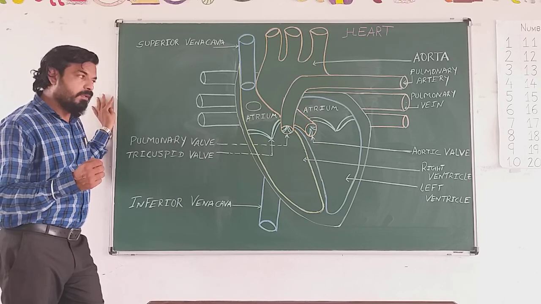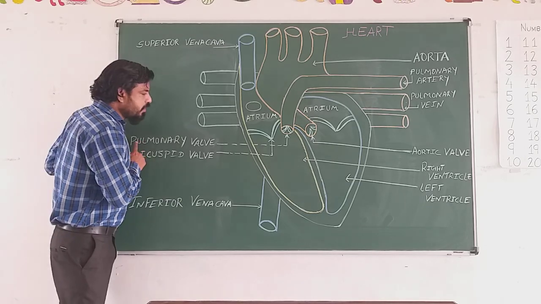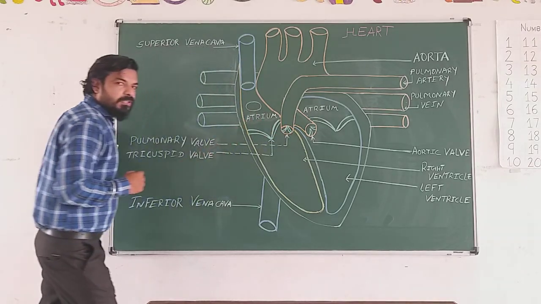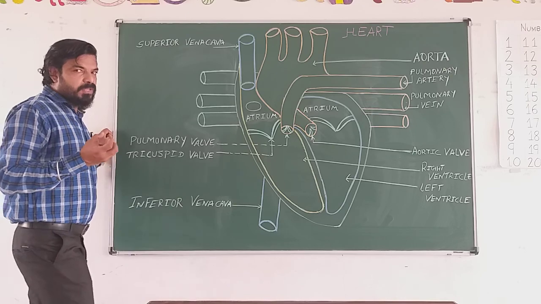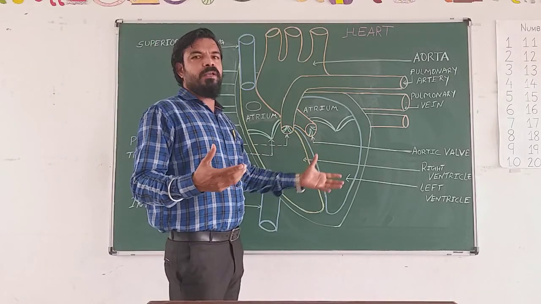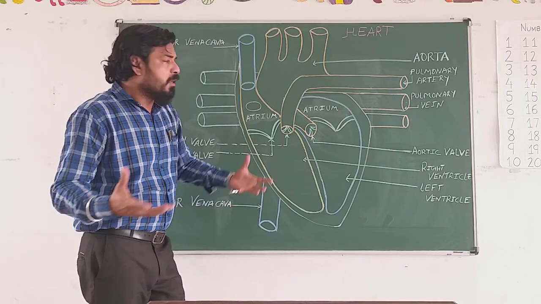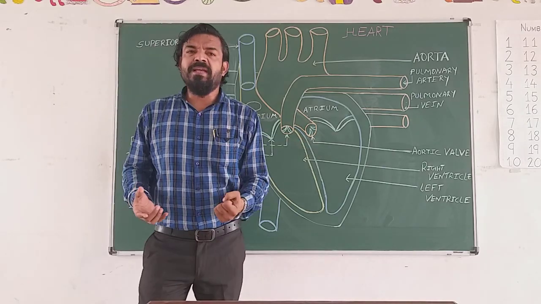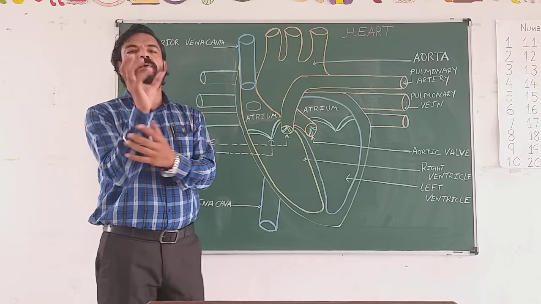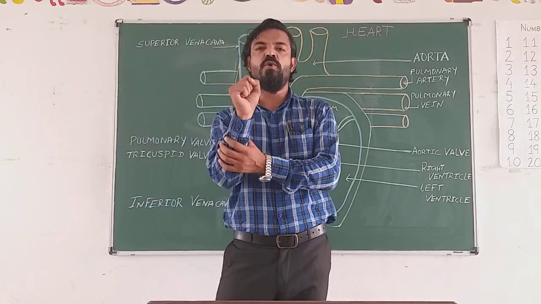Yes. Because of this pulmonary valve which is present over here, the heart pumps the blood in both ways. It is not that it pumps only the left side and then the right side afterward. Both ways it has to pump continuously, with no stoppage.